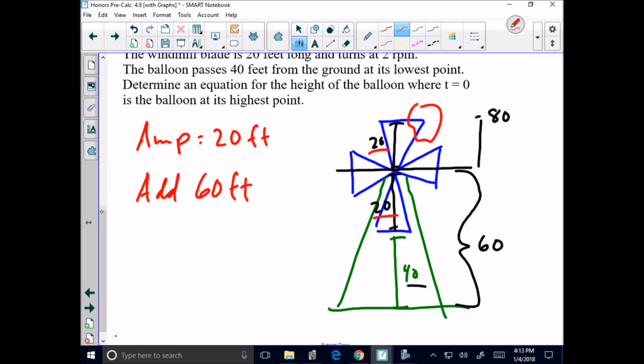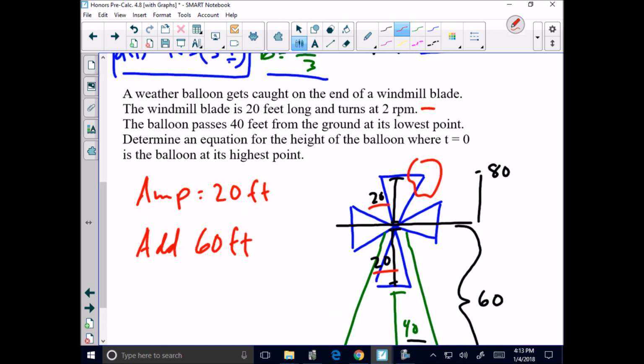Now right here, the next thing we're told is that we are rotating at 2 RPMs, and this is rotations per minute. So this is actually the frequency with which we are rotating. We're seeing 2 full rotations of the windmill per minute. Now, we know that frequency is given to us in terms of units of time.